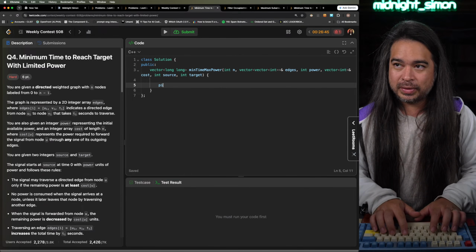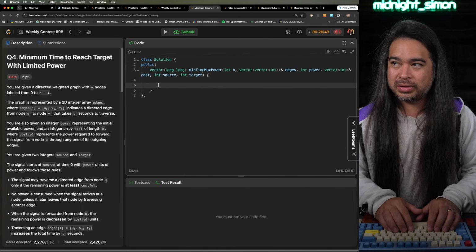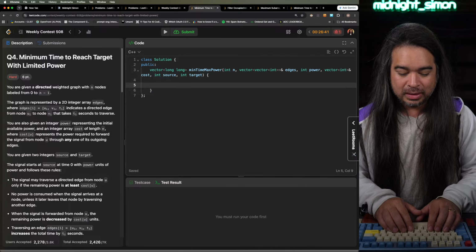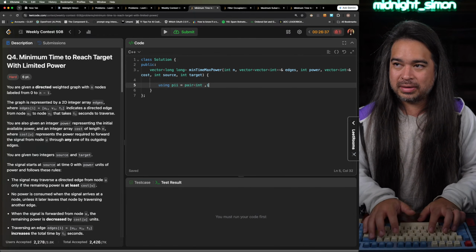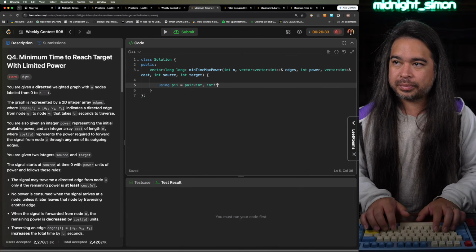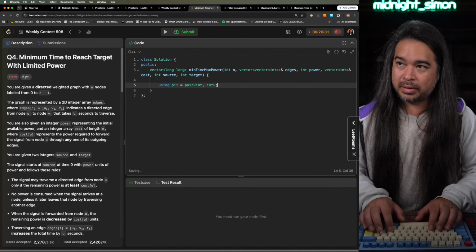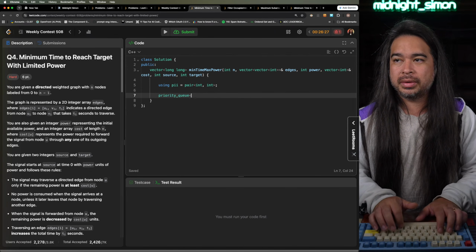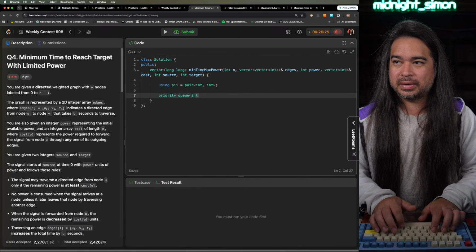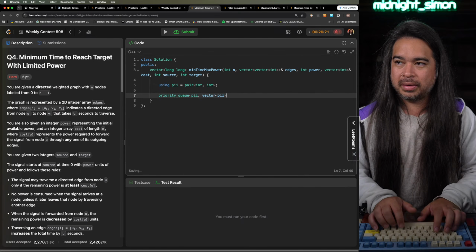Priority queues. So Dijkstra's, we need also an adjacency list, and we need some pair ints for sure. So priority queue of pair int, and I guess this one greater.